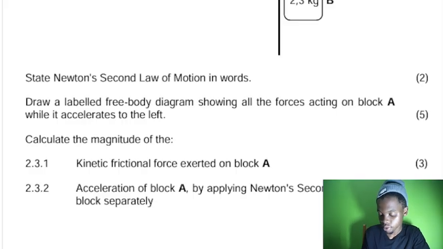4,1, that is your mass. Because remember, if you do it like this, it's going to be Uk, and then your Fg, that is mg, minus Fy, that is force applied sine theta.